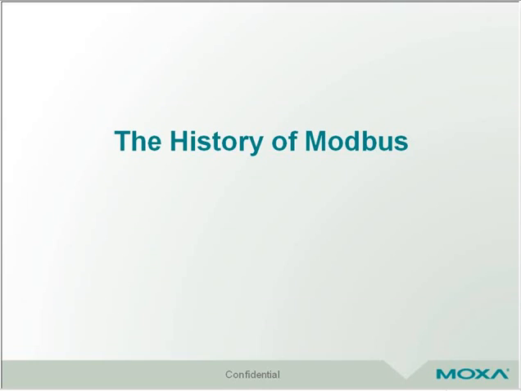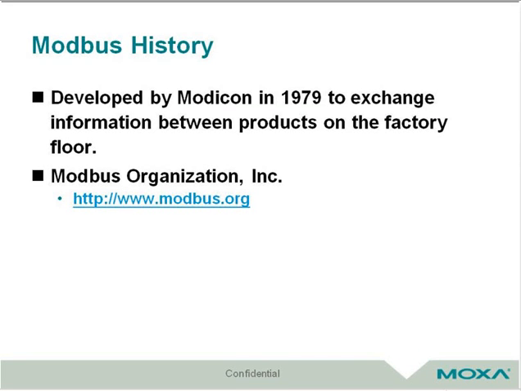Let's start today's course. Modbus was developed by Modicon, now Schneider Electric, in 1979 to exchange information between products on the factory floor. It has become a de facto standard communication protocol because it is simple and robust.